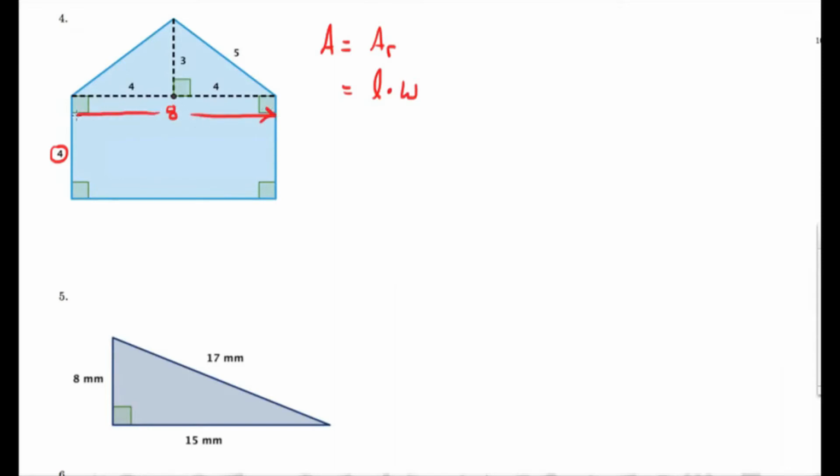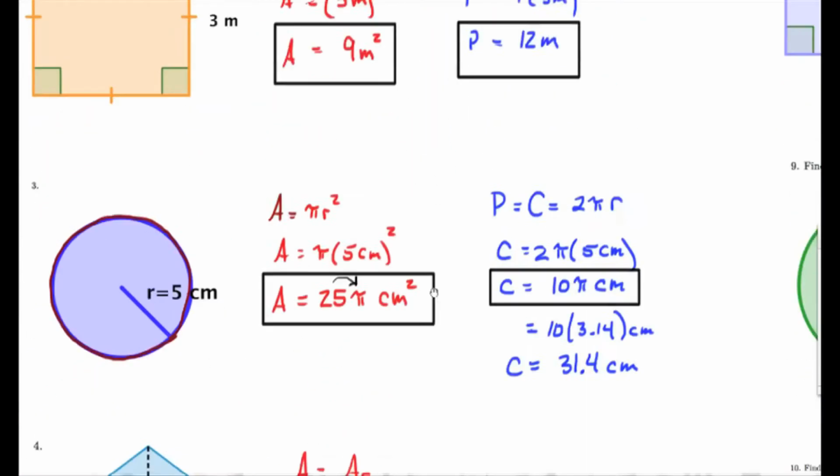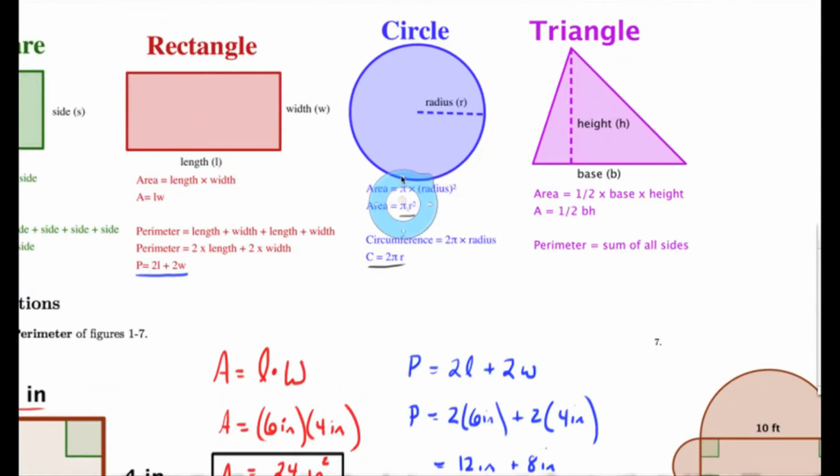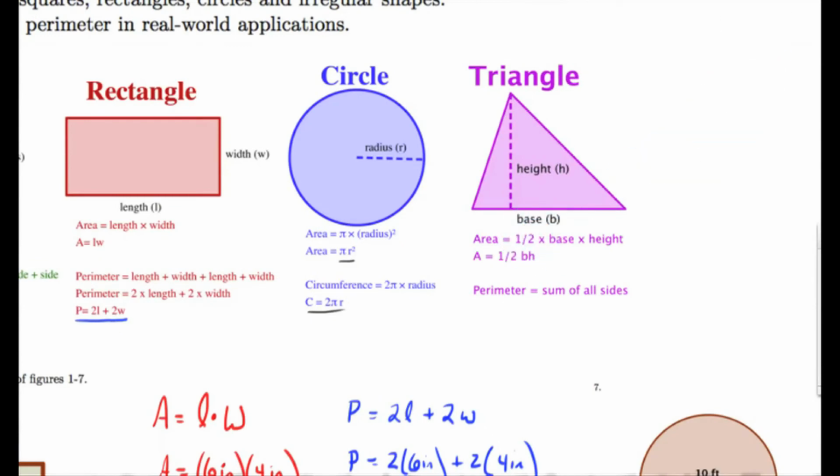So that would be 8 times 4, and there are no units shown in this one, so it's unitless. But now I need to know the area of a triangle, and the area of a triangle I have up here in your formulas is going to be 1/2 times the base times the height.